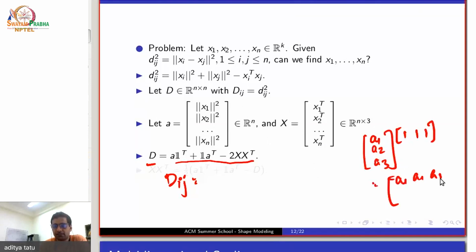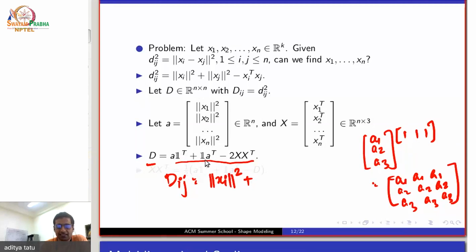A1, A1, A1, A2, A2, A2, and A3, A3, A3. Right? So what would be the ijth entry of this matrix? Would be norm xi squared.